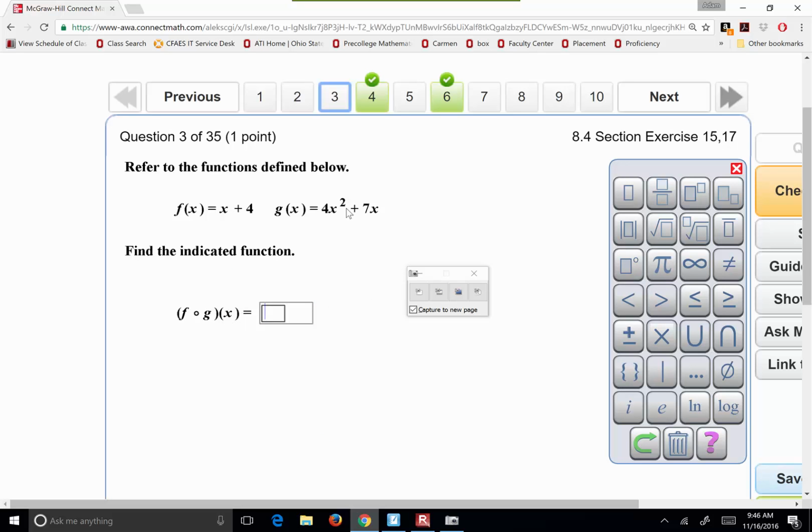Look, x is going into G first, and that comes out as this thing, and it's going directly into F. G is going into F later. X went in, turned into this, and this is going and replacing all x's in F. The answer is, anyone? X squared plus 7x plus 4. Yep.